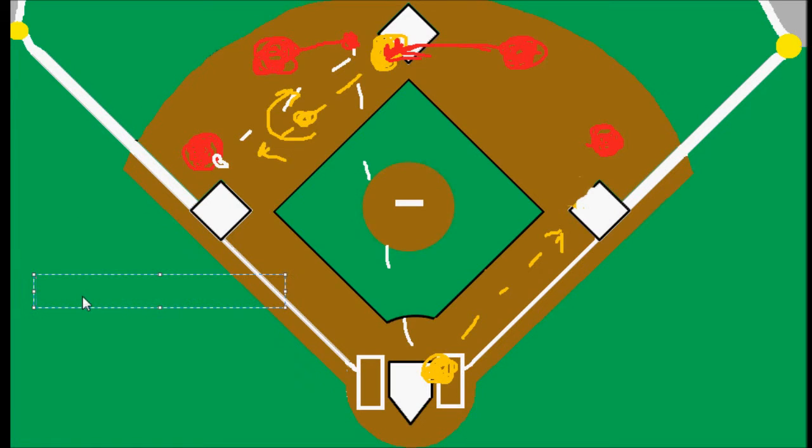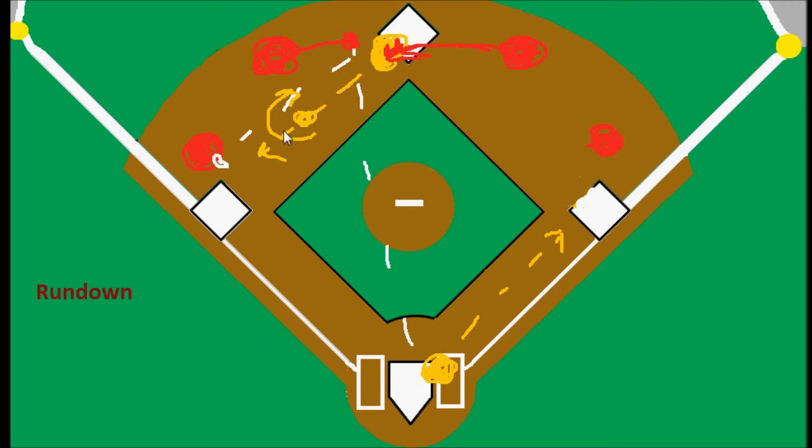Whenever that happens, that's called a rundown. It basically means that the runner is in the middle, and the red team, the defensive team, is going to throw the ball back and forth and trap him in the middle until he gets so tired that one of them can get to him and tag him.